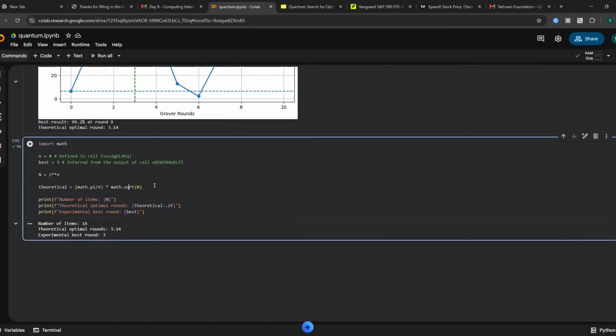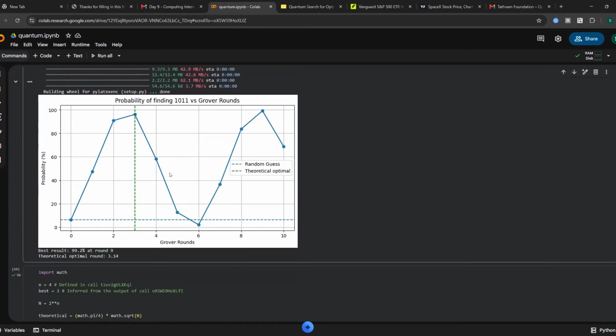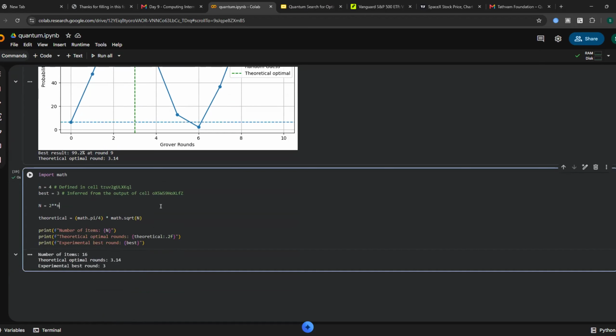And then here's the equation I used to calculate the theoretical thing. Using the math side, it was pi over 4 times the square root of n for the theoretical solution. And then we defined it as n over 4, so I set that equal to it. And then using math, I got that the theoretical should be 3.14, and the algorithm actually matched the same correct solution.